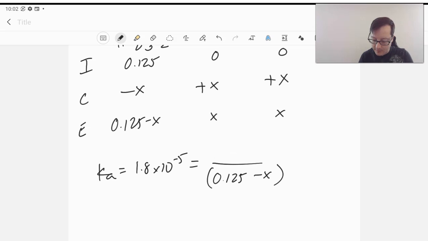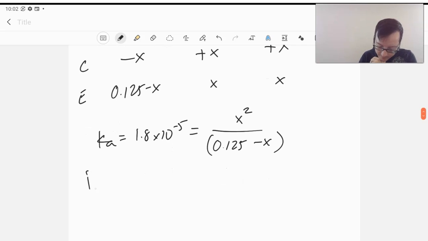Just put an x squared up here, solve it. You could do a quadratic equation on this. If you were to simplify this equation, set it equal to 0, you could do it a quadratic equation. Kind of pain in the butt though, why would you? But you could. Although, generally speaking, we are allowed to make an assumption.